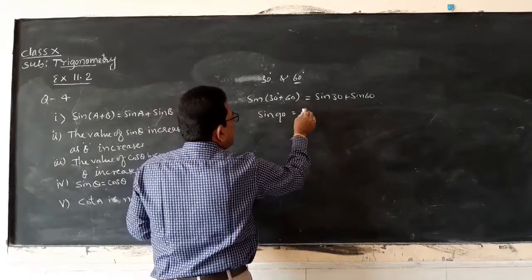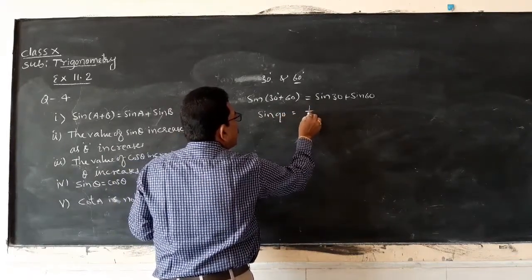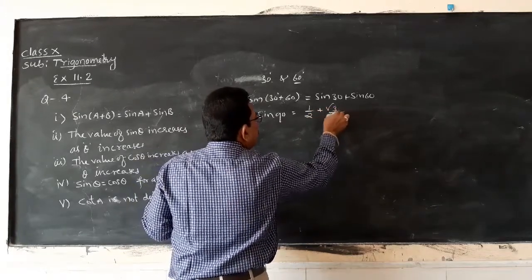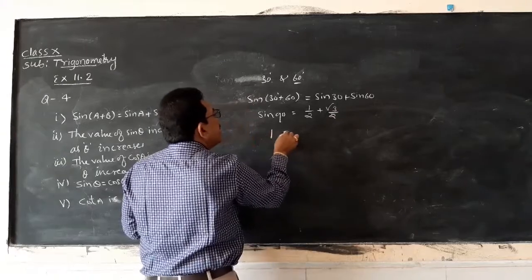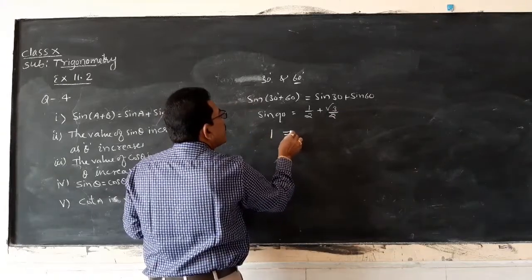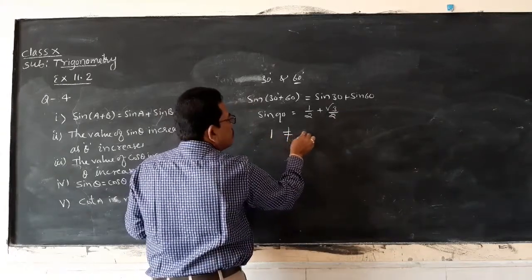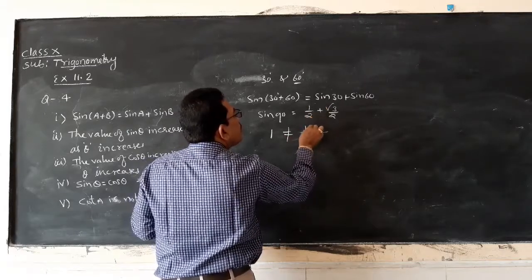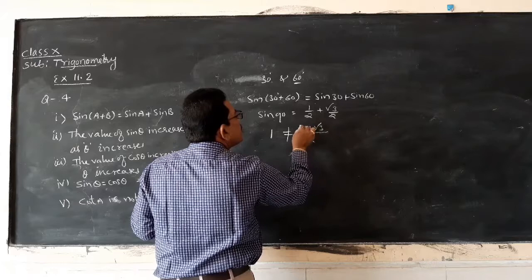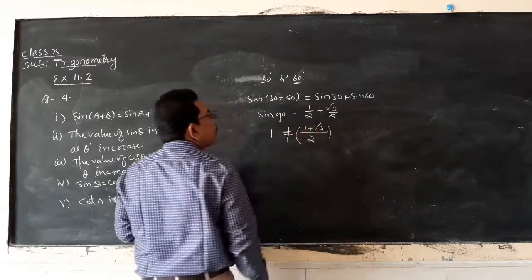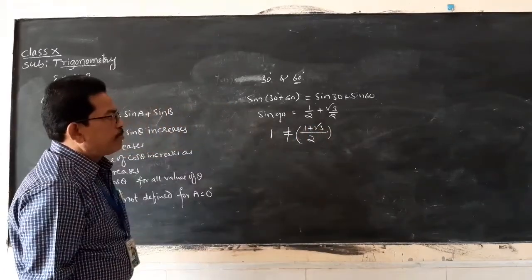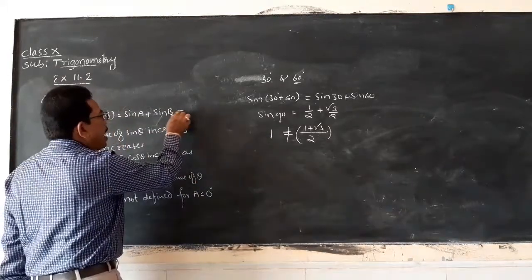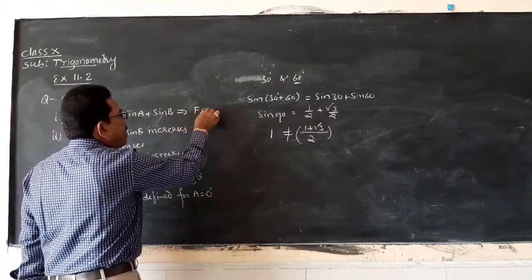Here sin 30 is 1 by 2 plus sin 60 is root 3 by 2. The 1 is not equal to 1 plus root 3 by 2. So this implies false.